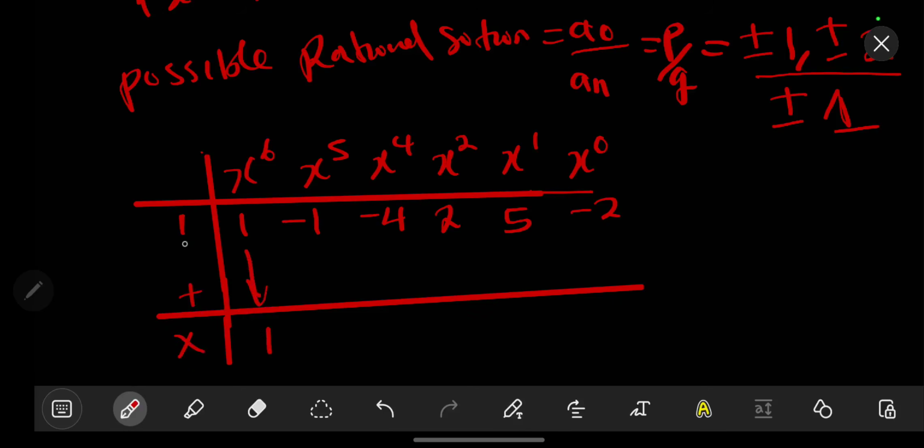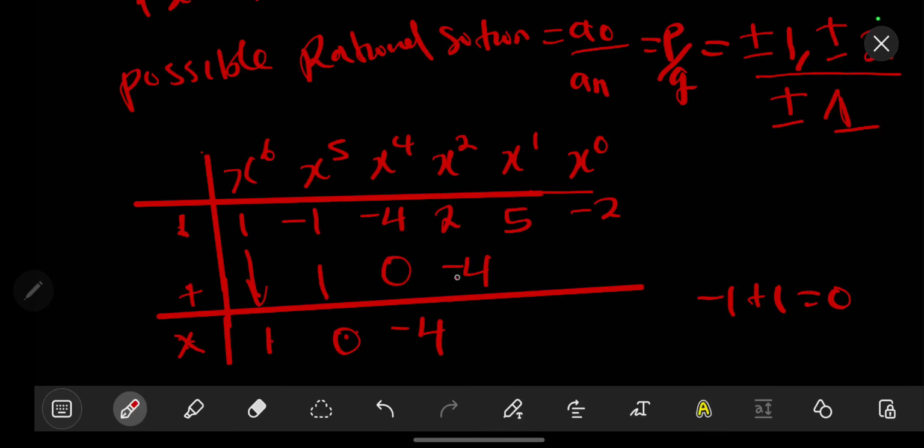Drop the 1, multiply 1 times 1, it will give us a 1. Negative 1 plus 1 will give you 0. 1 times 0 gives us 0. Negative 4 plus 0 gives us negative 4. Then negative 1 times negative 4 gives us negative 4.